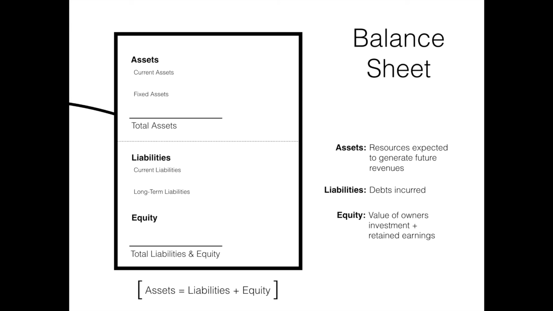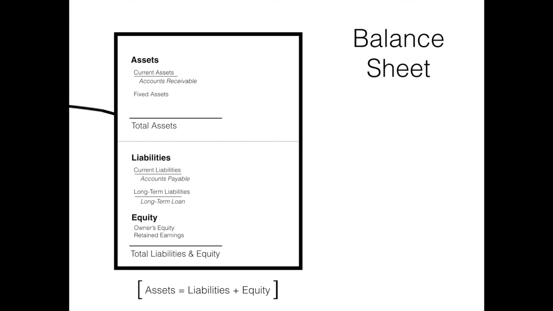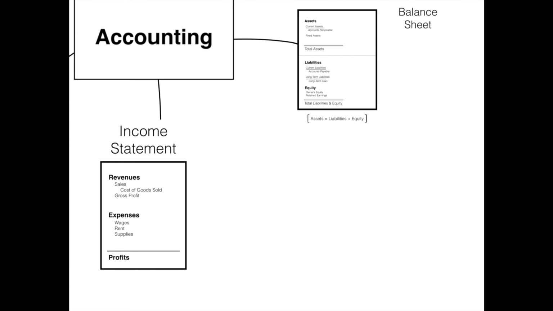At this point, you should have a pretty good idea of the general purpose of each of the three financial sheets. To show you a little bit more of a connection, on the income statement, the profits get moved over to the balance sheet under retained earnings, which is money that can then be used to further fund your business in the following years.